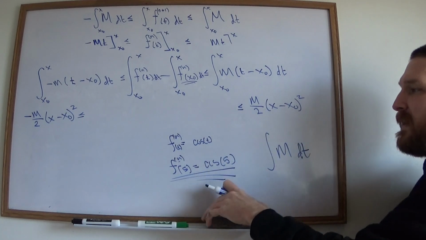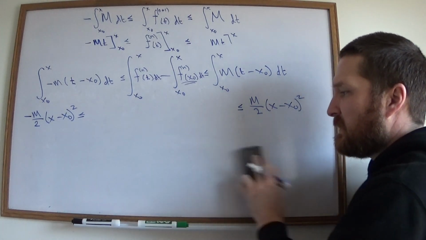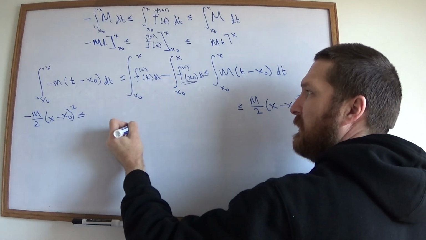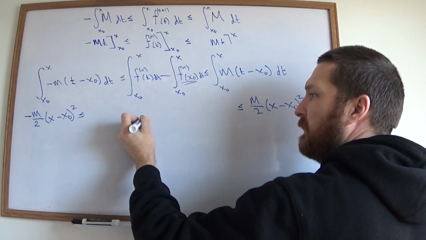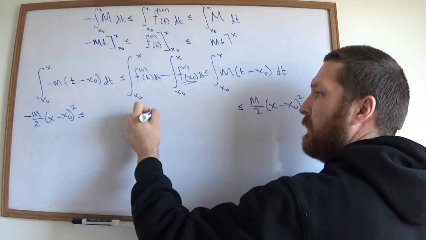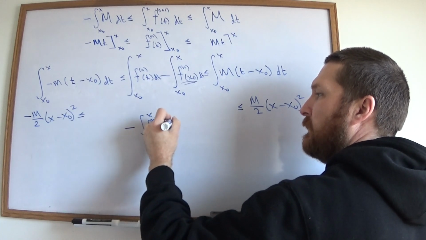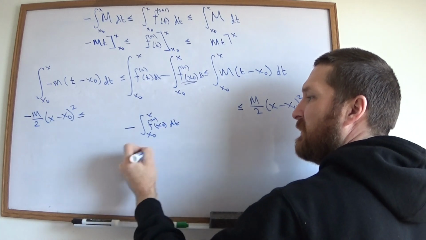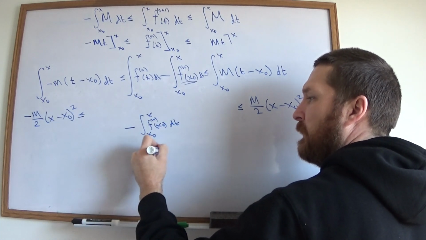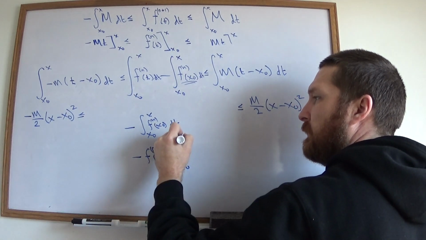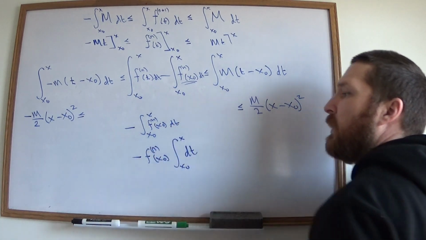So, in fact, I'm going to be explicit about this, and let's go ahead and pull it out. Going from x0 up to x of f, the nth derivative at x0 dt, it's the same thing as if I pulled it out, the integral from x0 up to x of 1 dt.